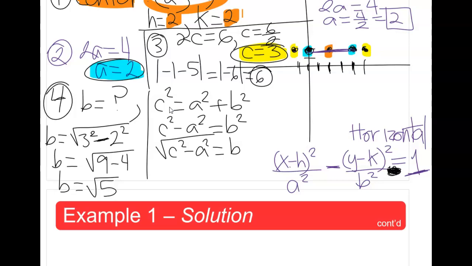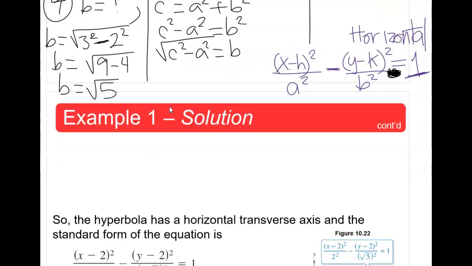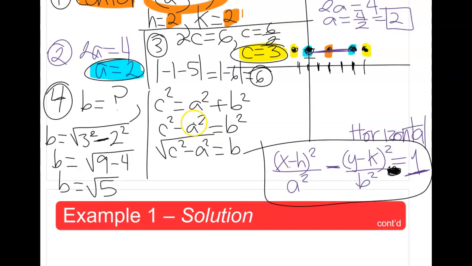Now that we know what b is, we could go back to this formula and start replacing things. So we will be replacing h, k, a, and also b right here.